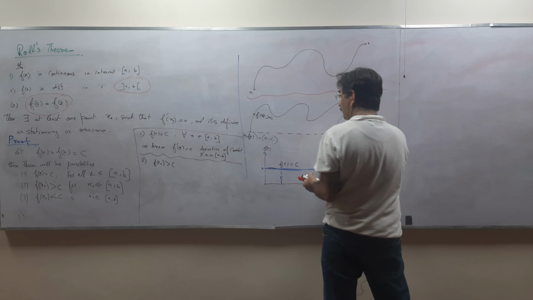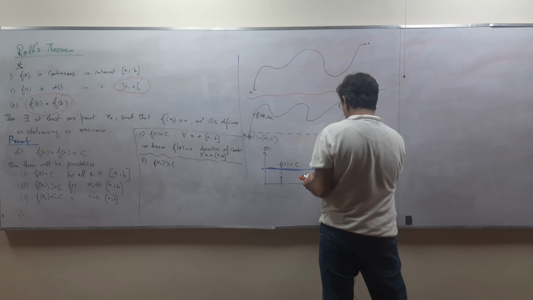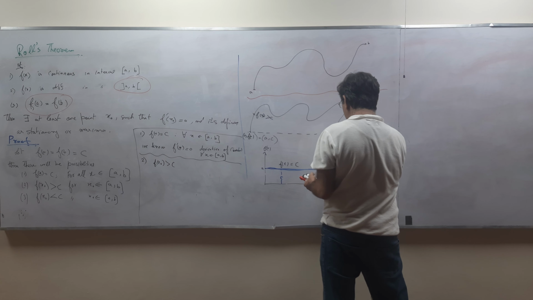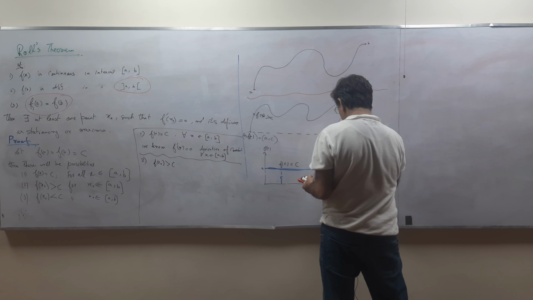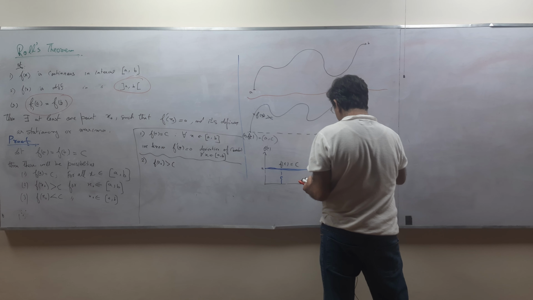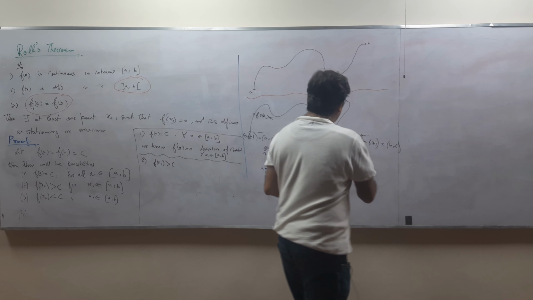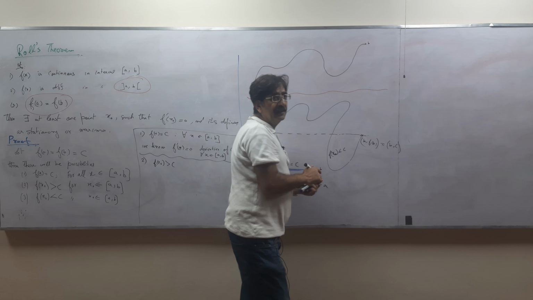Here, if that is x naught, this is xi, let's suppose. Yeah, xm. Initial value and final value, that is less than.